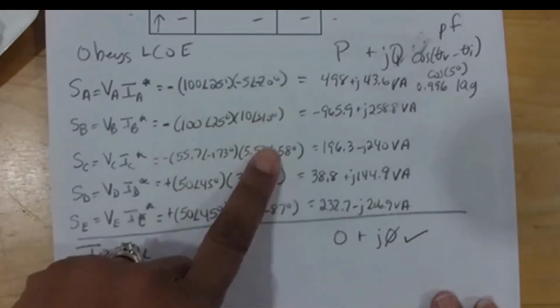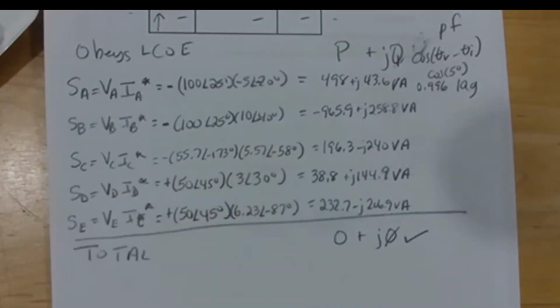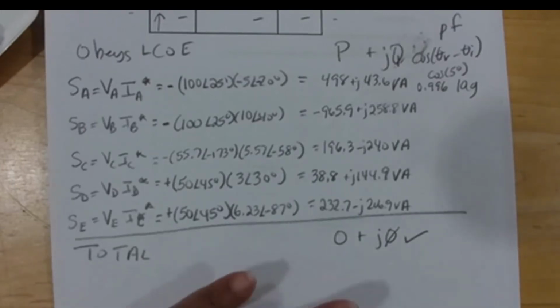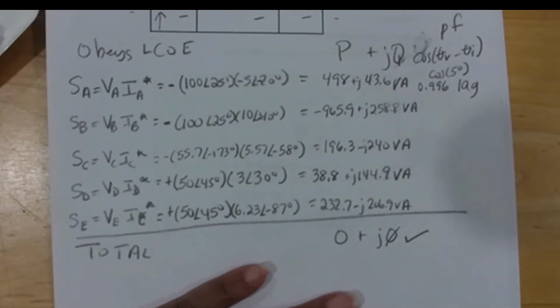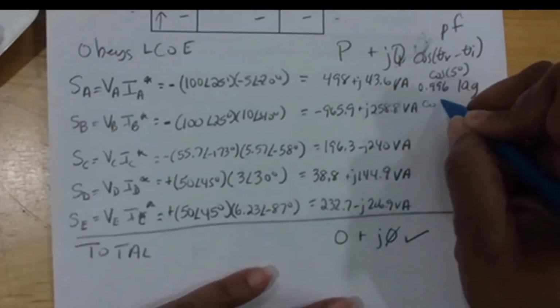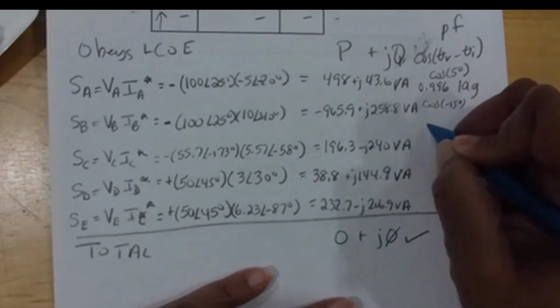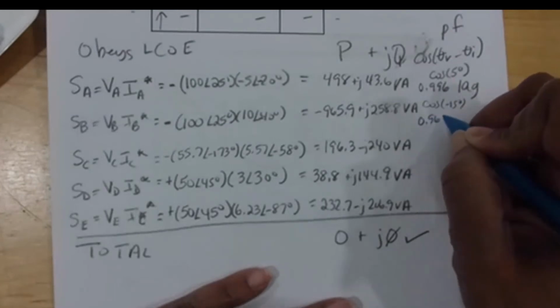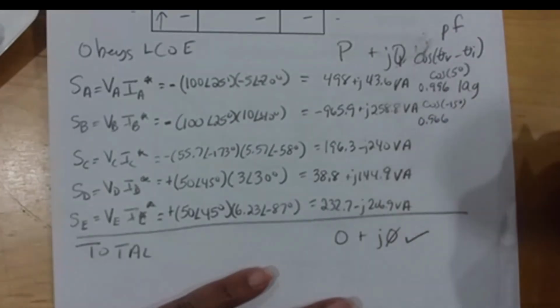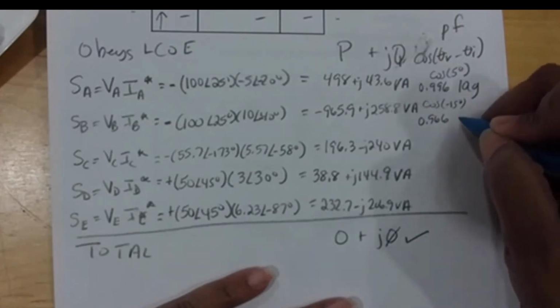25 minus 40, cosine of negative 15 degrees. What's the cosine of negative 15 degrees? Oh, so my answer is right. Okay. Cosine of negative 15 degrees, 0.966. That one is leading. It's a negative angle.